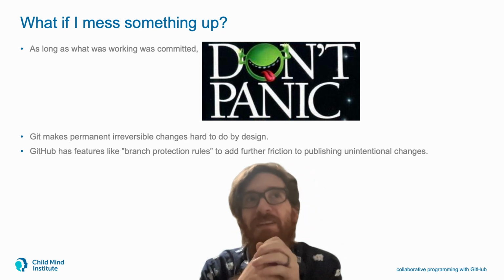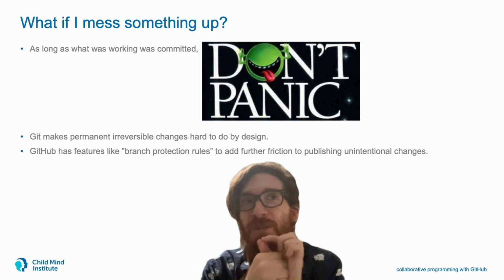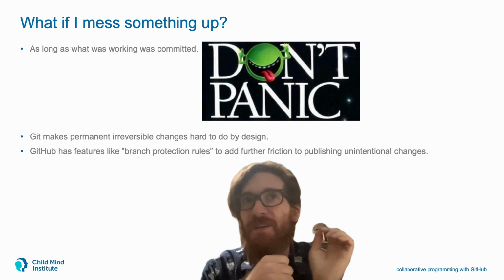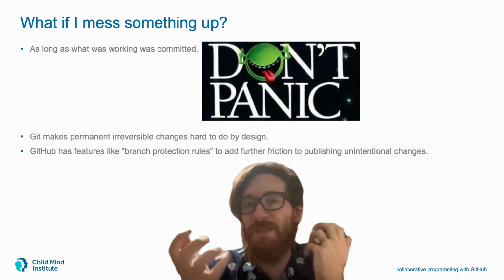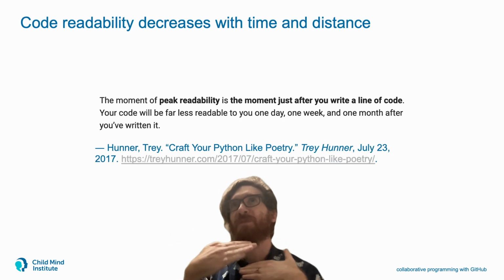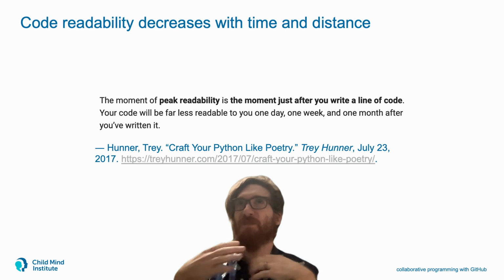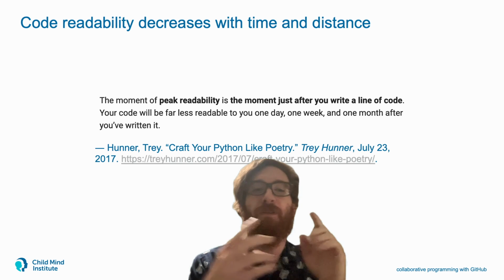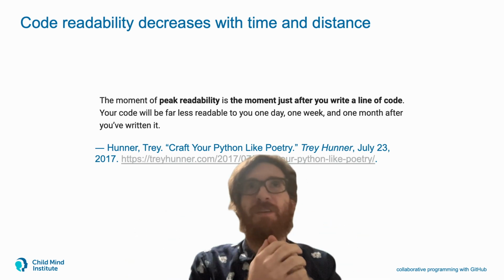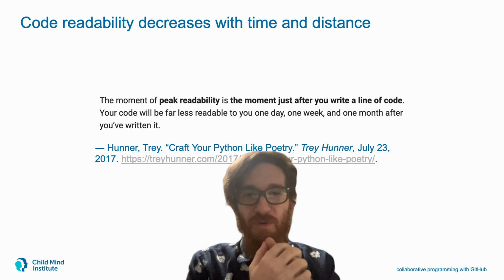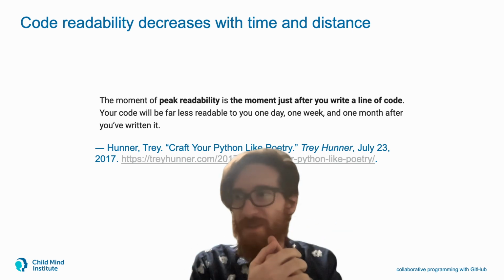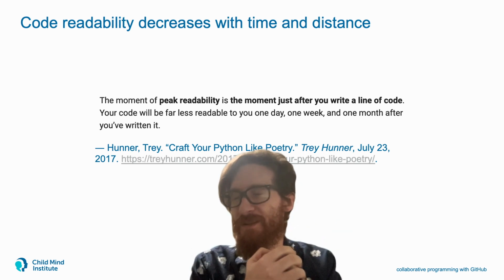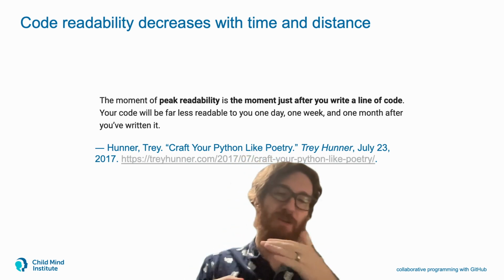A caveat to that is if you haven't committed something that was working and then it stops working, Git doesn't have a way to get that back. The smaller the scope of commits and the smaller the scope of pull requests, the easier it is for other collaborators to review that code when you open a pull request, and the easier it is to make sense of in the future if we need to look back at it.